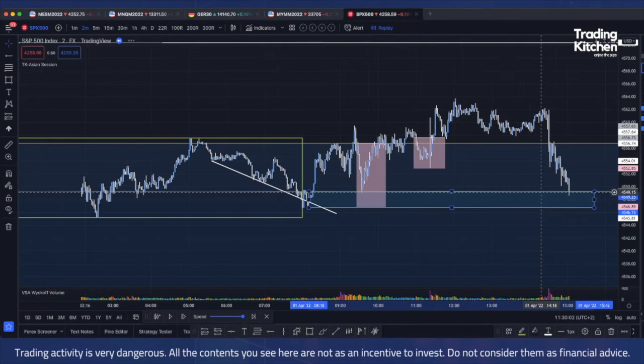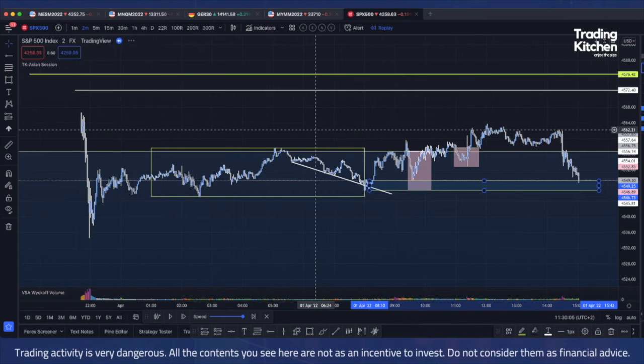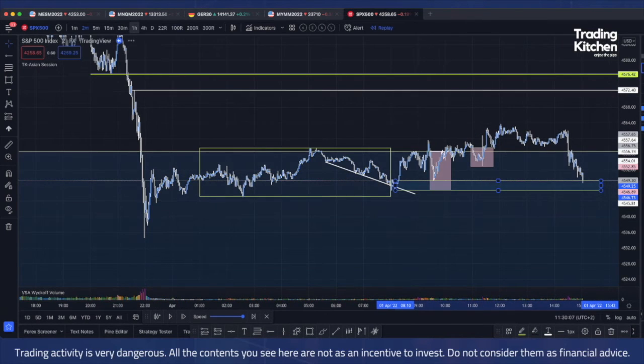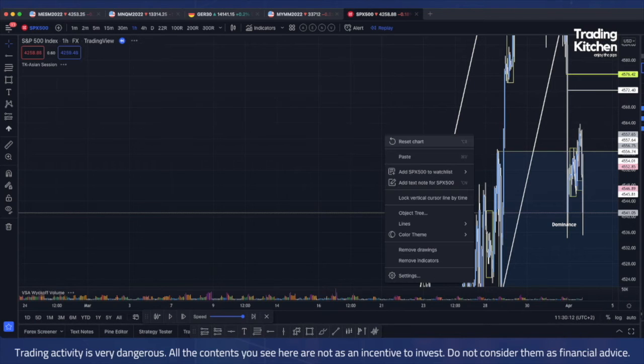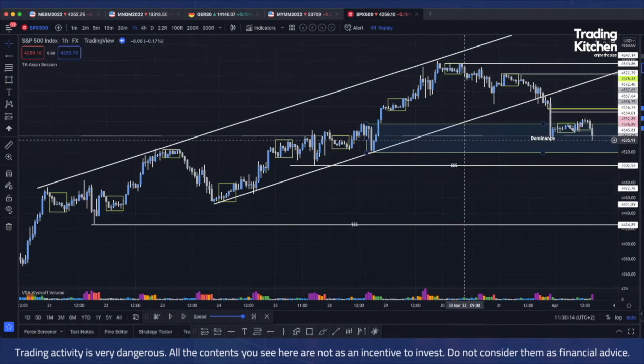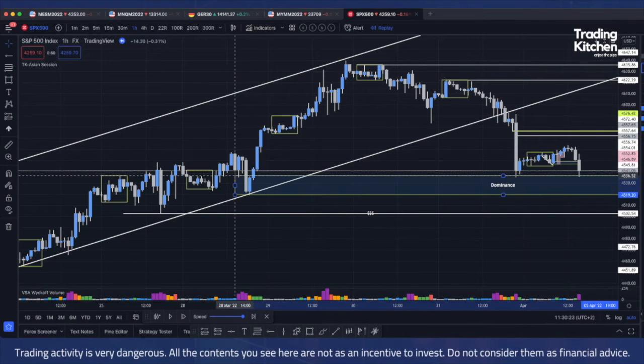Why do I consider a long and not a short? Even if the main structure, as you can see on the 1 hour time frame, is clearly short, because we are inside the dominance, okay, inside the buyer dominance, which is this one, that we can better identify like this.